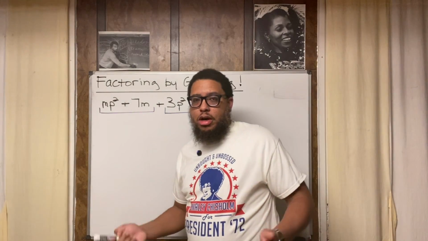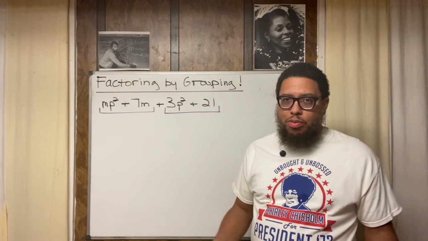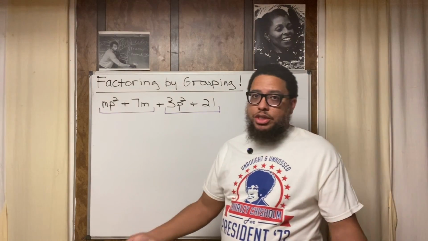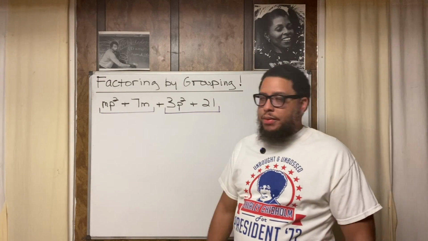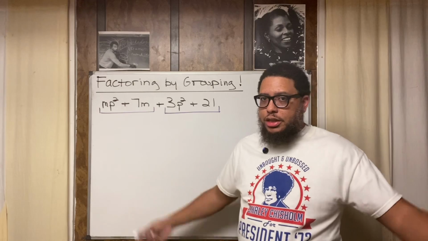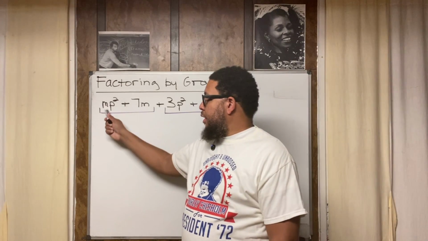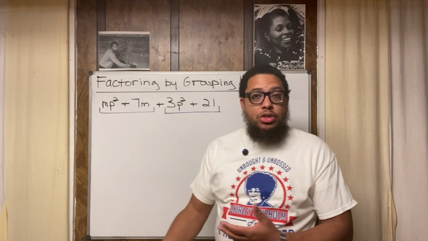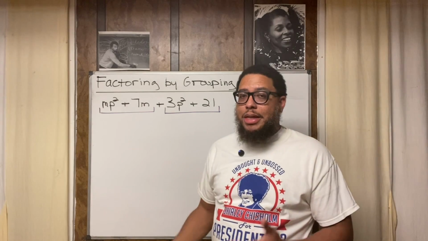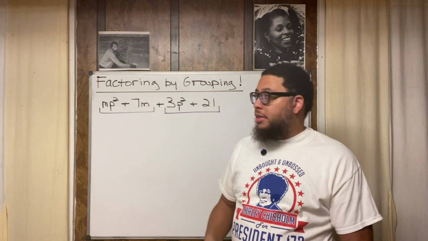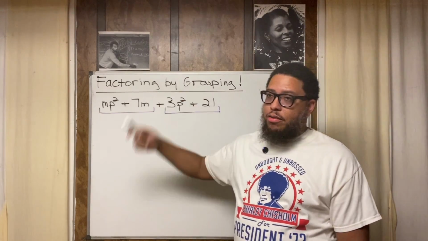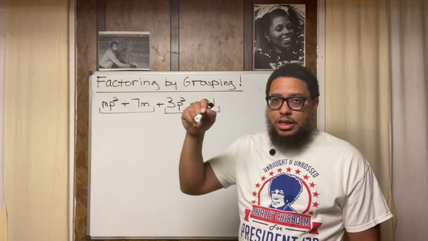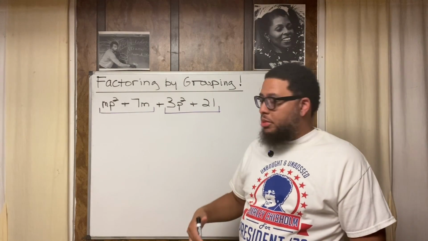Because 1 and 7 are what we call relatively prime or co-prime, meaning their common factor is just 1. Ain't nothing we can really do with that. When your GCF is 1, it don't change nothing, right? And then we got an M to the first and an M to the first. So M is common because it's in both terms. That's what common means. That's the C in GCF. It means it's common. It's in both terms.